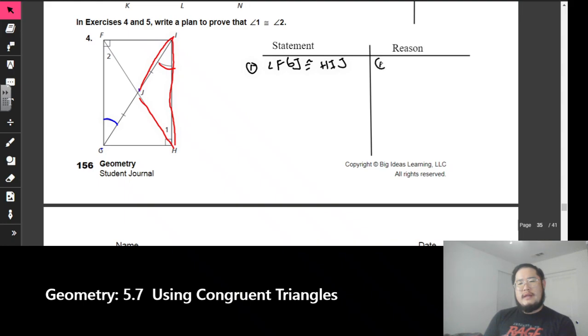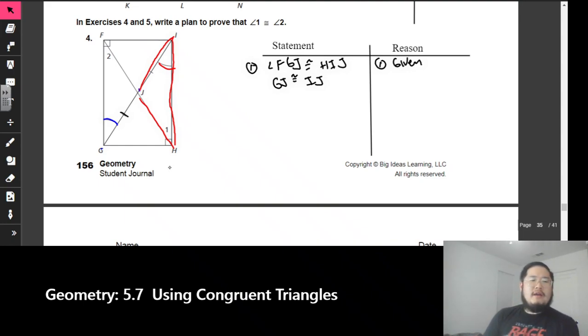So I could say that right there is given. What else can we include to be given? I see right here a congruent segment. So how about GJ is congruent to IJ? Looks good.